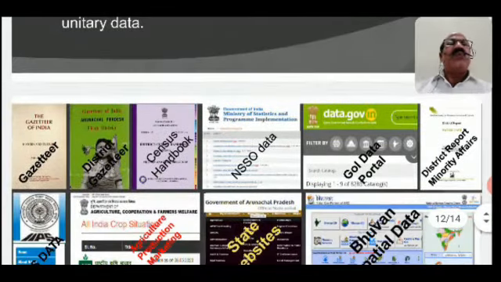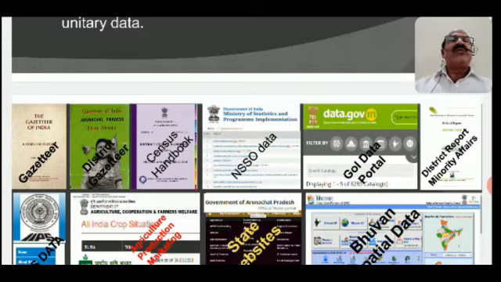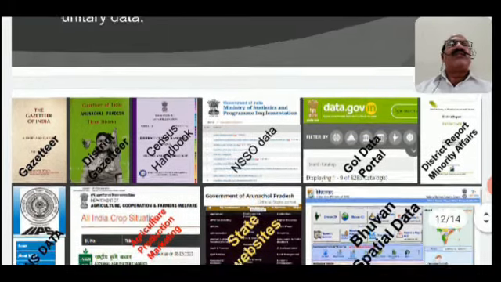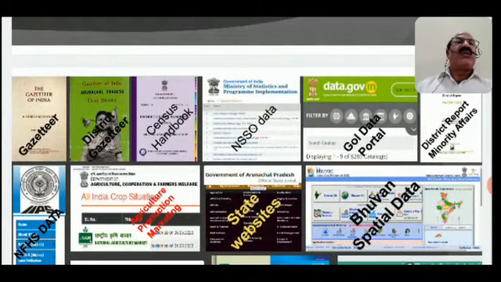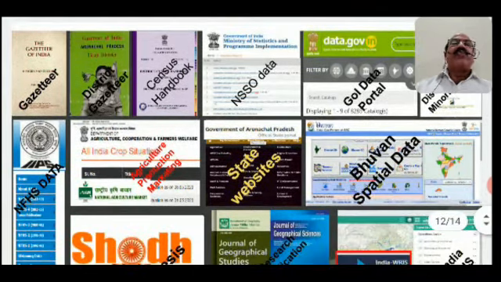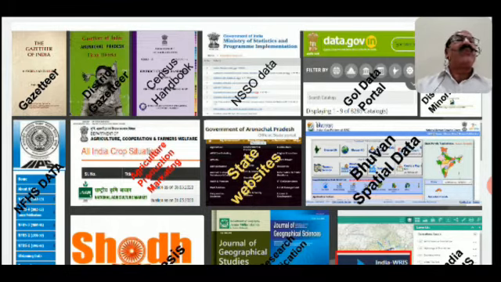Then, we discussed there are so many sources of data, in your last-to-last class. You have the Gazetteer, then the District Gazetteer, Census Handbook, NSSO data, the Ministry of Statistics and Programme Implementation, then the Government of India Data Portal, then the District Report for Minority Affairs, then NFHS data, then Agricultural Production Marketing, and state websites also give a lot of data.